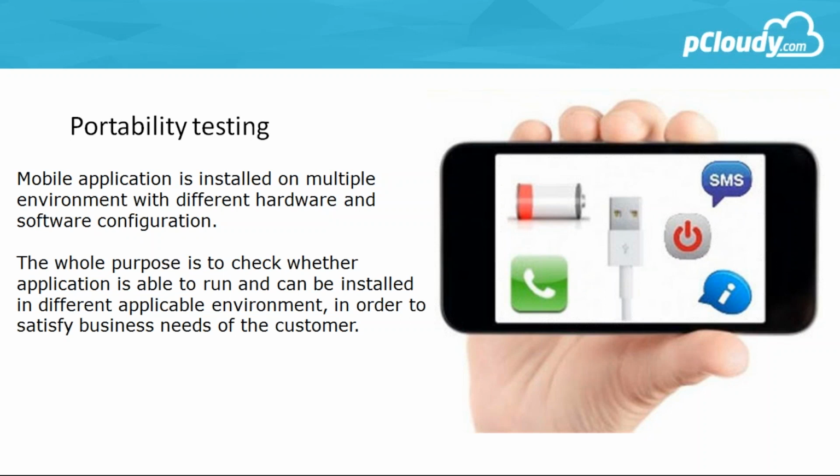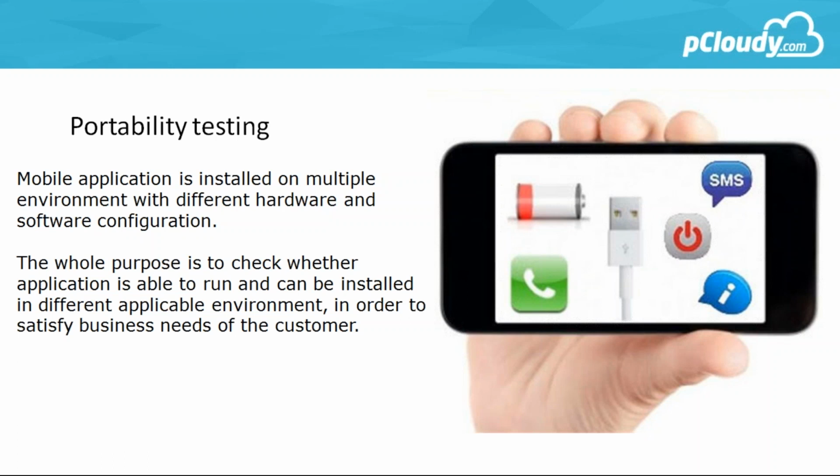The whole purpose is to check whether the application can be installed and run in different applicable environments, in order to satisfy the business needs of the customer. If we are deploying or installing any application, we need to check that it is working fine in that particular environment with different hardware configuration.